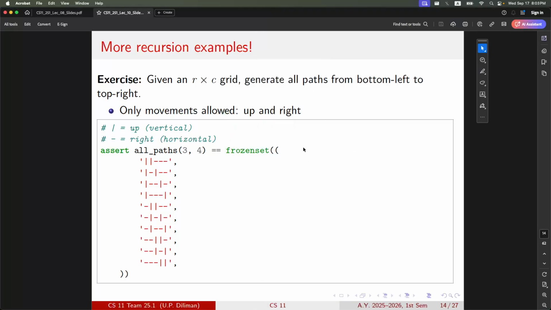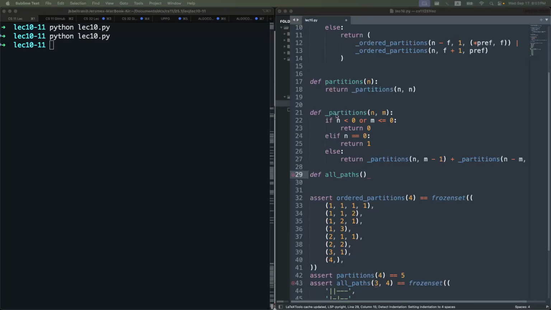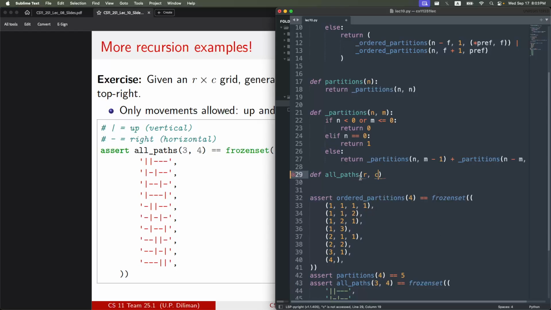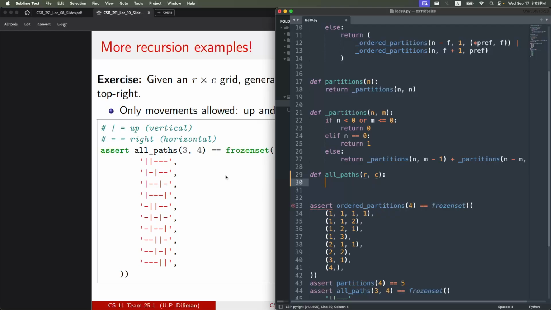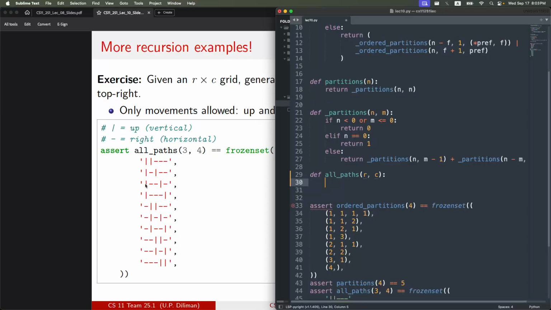So the visual thinking would be: going up is equivalent to solving the similar problem but with one less row.